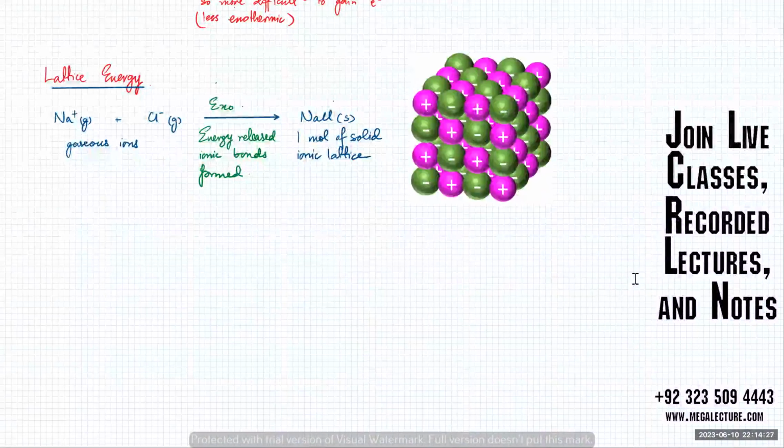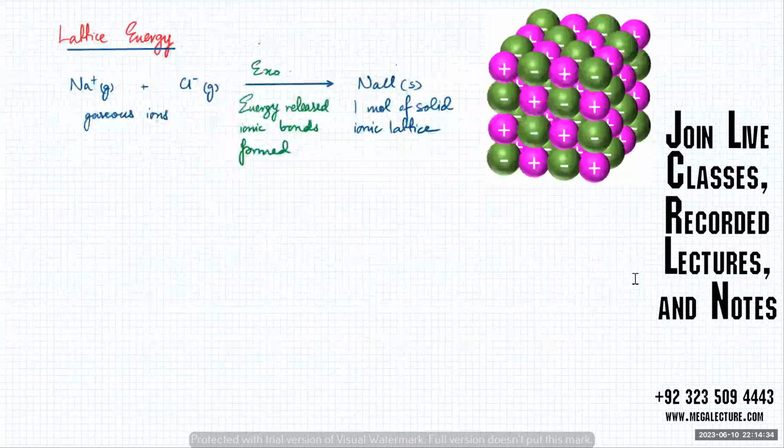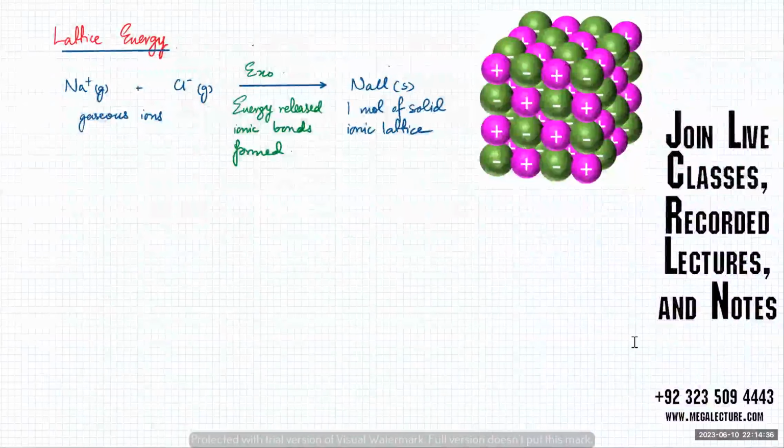There are gaseous ions flying around and they form an ionic bond, they get attracted to each other, and that's your ionic lattice. Okay, so the definition for this, is this part clear? Yep.